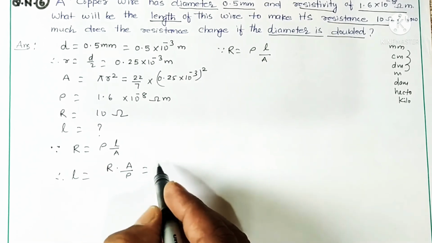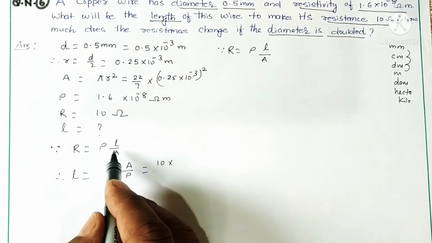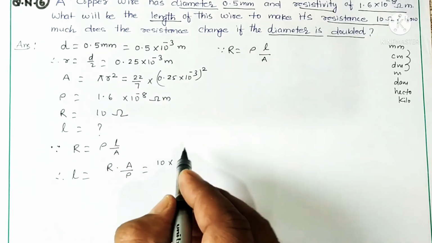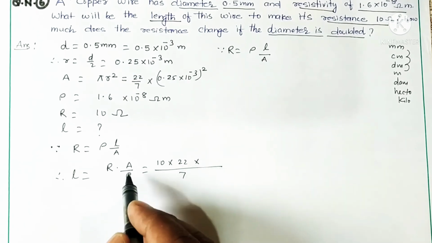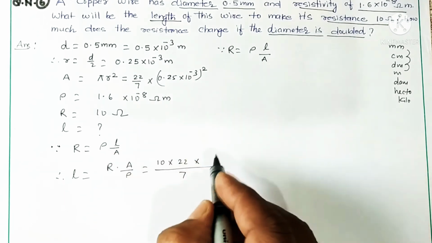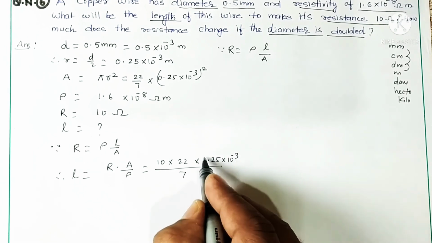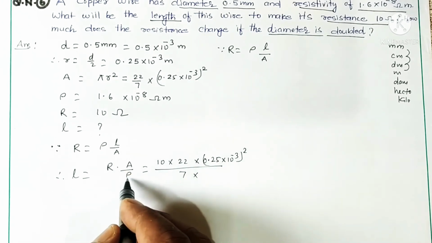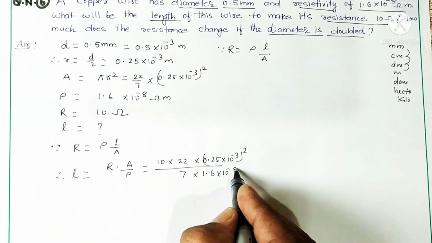Now we will put the values. Resistance 10, and A, the area of cross section, is 22 by 7 into 0.25 into 10 to the power minus 3 square, and here it will be rho, the value given is 1.6 into 10 to the power minus 8.